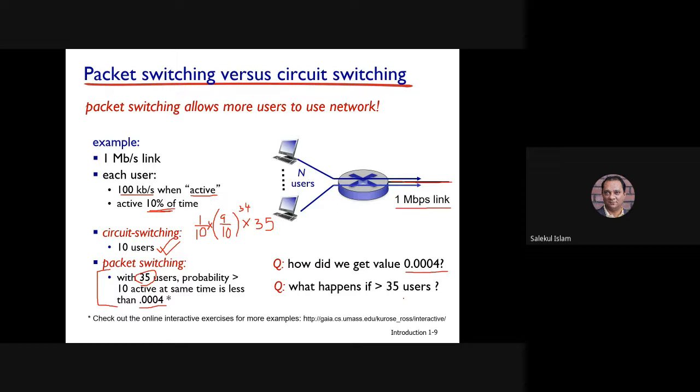So we cannot say exactly how many users we can support because we don't know the tolerance rate, like how many percentage of packet loss we can tolerate. Depending on that, we can increase the number of users. But if we just add 35 users, then the experience of those 35 users will be exactly same as those 10 users of circuit switching.